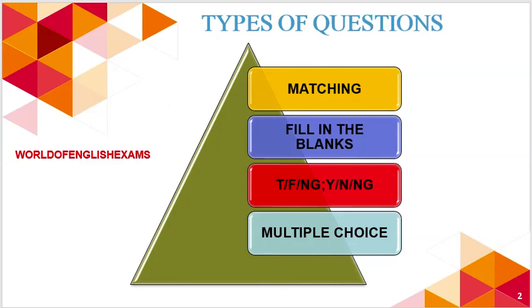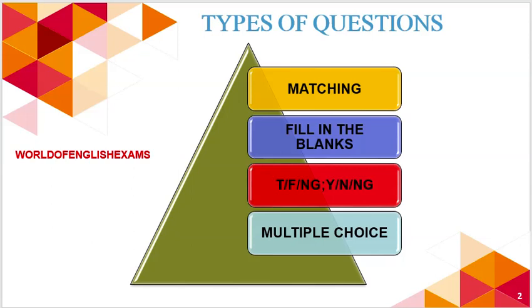Okay, so as you can see, the question types on the IELTS reading module are basically categorized into 4 groups. The first one is matching, among which we are going to see one important question type today, that is matching the list of headings. Then there are fill in the blanks type of questions, under which you get summary completion, diagram completion, table and flowchart completion, note completion, sentence completion, all the various types of fill in the blanks questions.